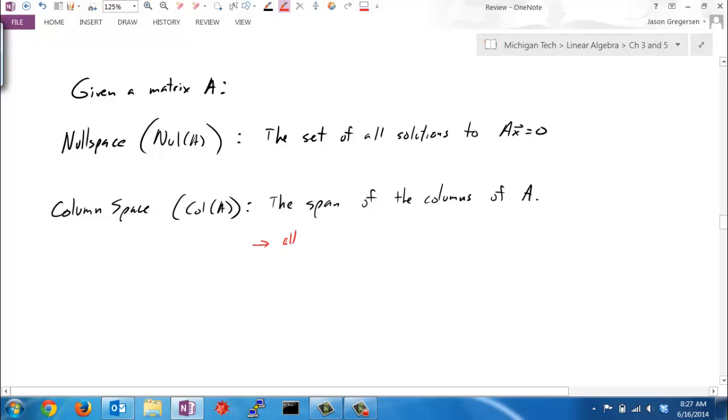It is all possible outputs. Right? It's all the b's from the equation Ax = b. It's the range of A.